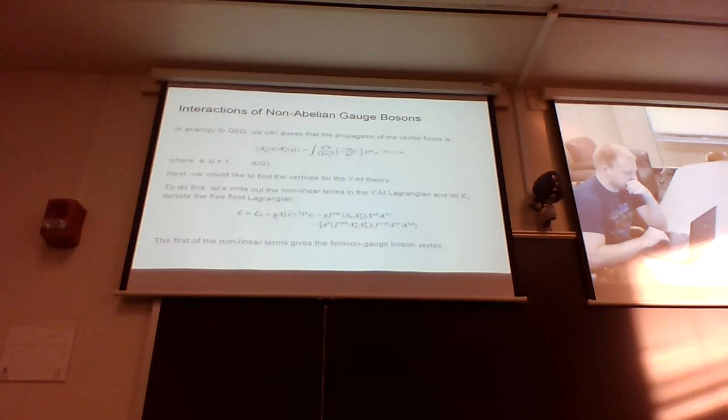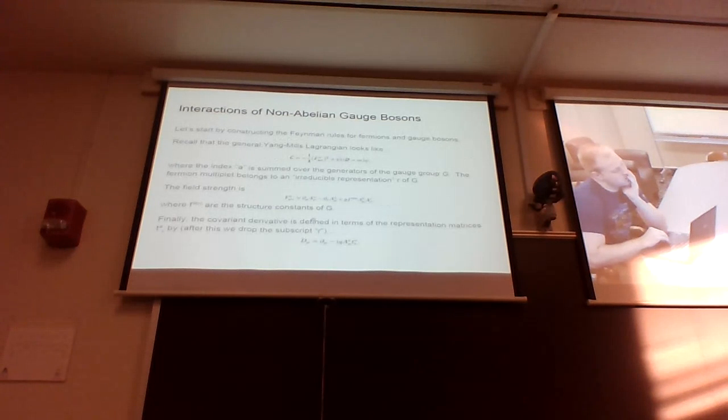You can see the first term is our usual fermion-boson vertex. You see the psi-bar with a gamma matrix in the middle, being dotted into our vector field. But remember, our vector field carries the charge A, so we have to include in this Feynman rule the representation matrices, these T^A matrices.